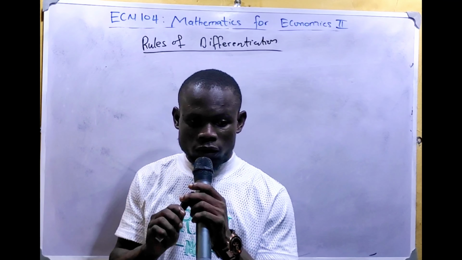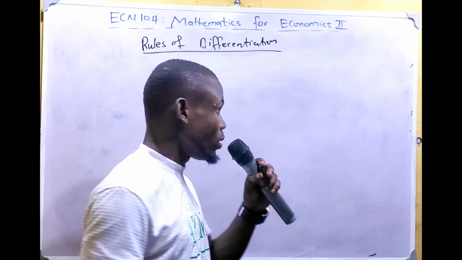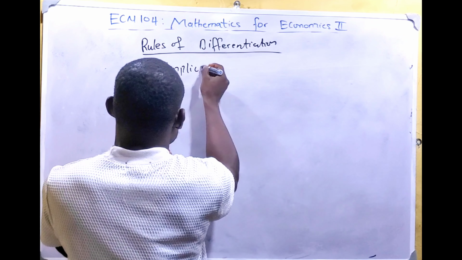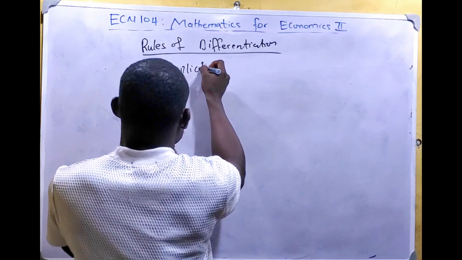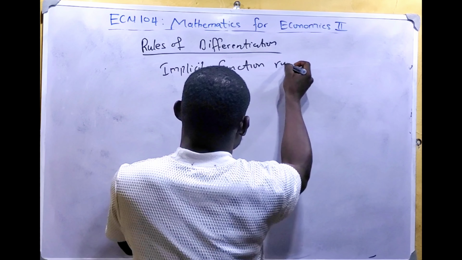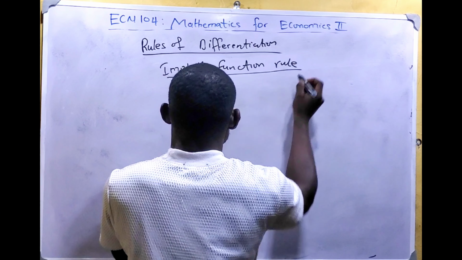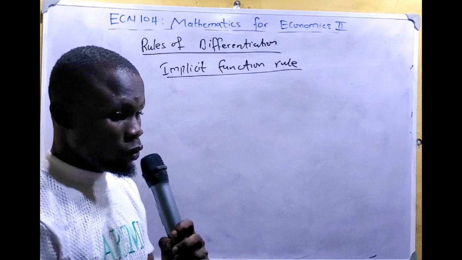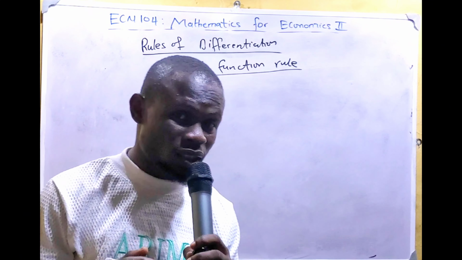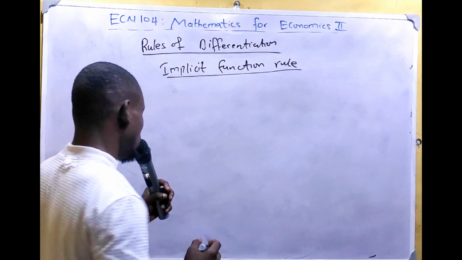The next rule of differentiation we'll be talking about is the implicit function rule. The first thing we need to do to understand the implicit function rule is to know the difference between implicit and explicit functions.